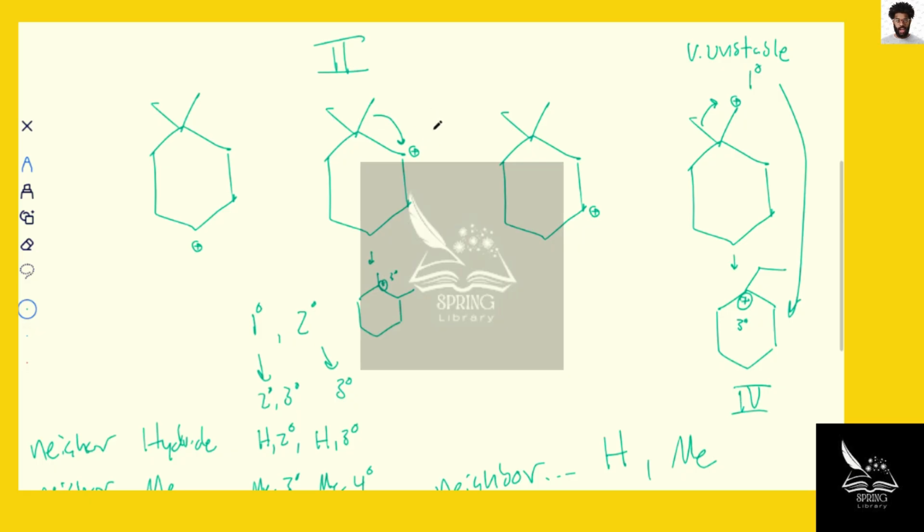Whereas in the case of 2, we go from secondary, which is, yes, unstable, but not as unstable as primary. So let's just call this unstable. We go from unstable to stable. The difference between very unstable and stable is bigger than the difference between unstable and stable, right? Which means that this one is even more likely to happen and will happen essentially quicker because the energy benefits are bigger.